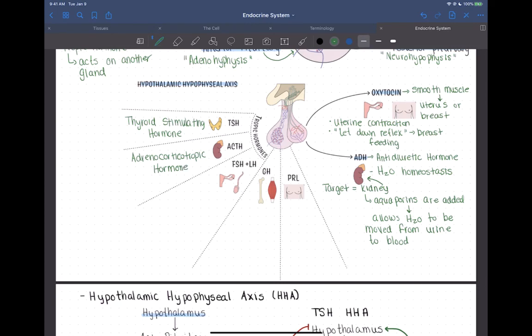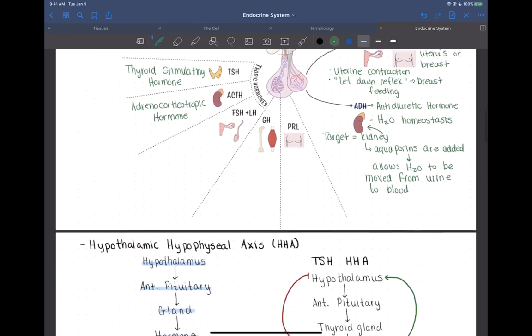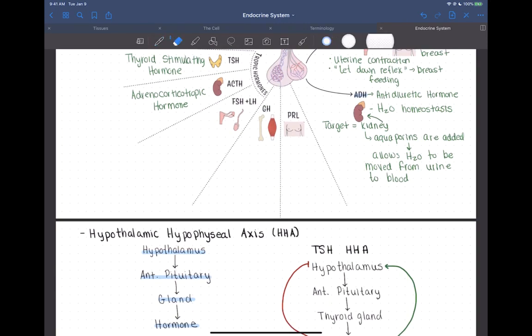And it stimulates the adrenal cortex to release cortisol. Okay, and then FSH would be follicle stimulating hormone, and it is going to act on the ovaries and the testes.